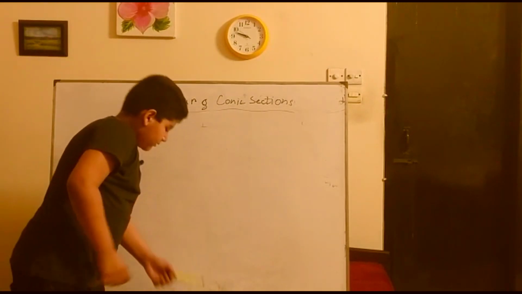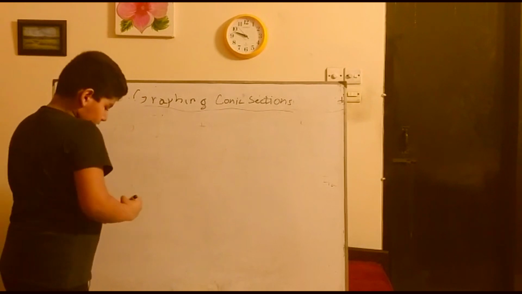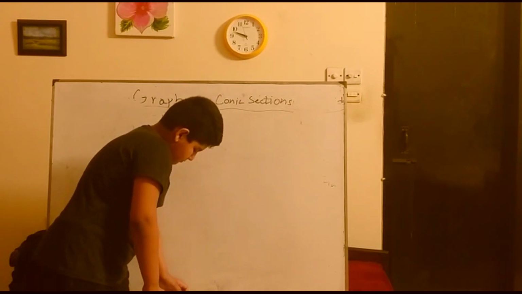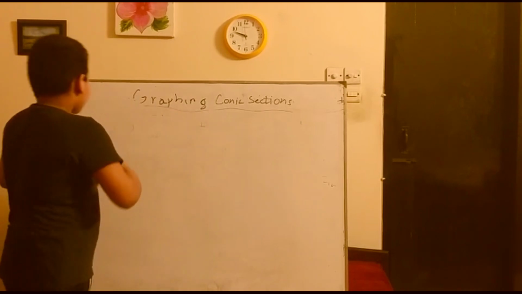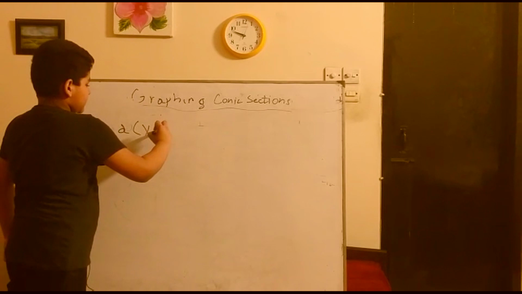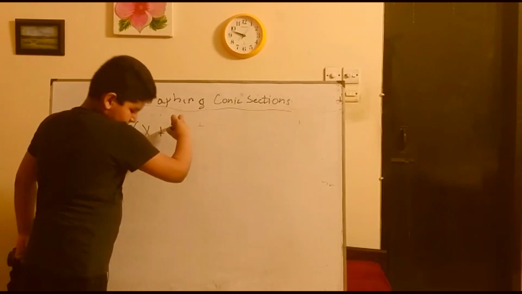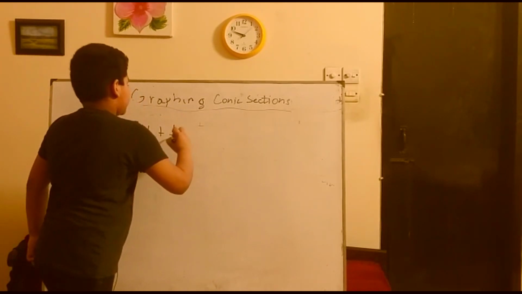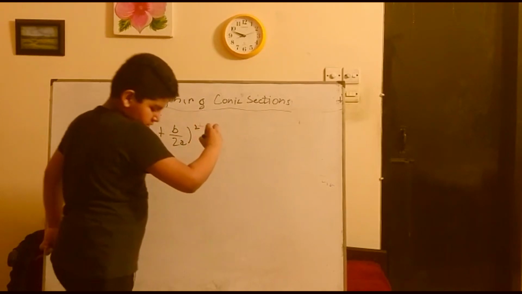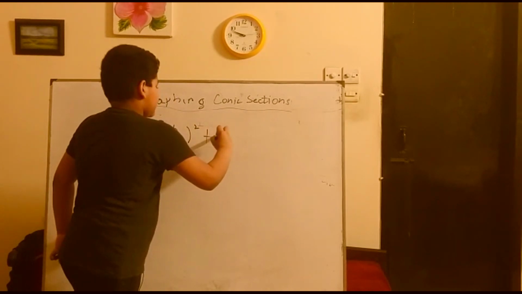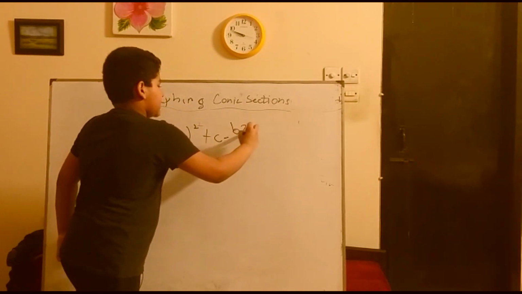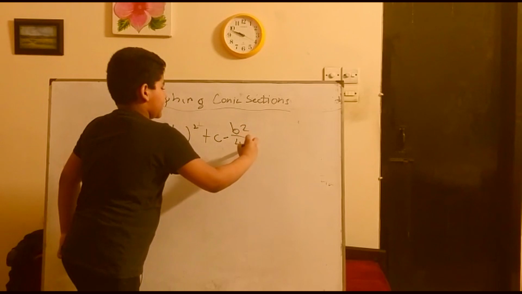So by completing the square, we get a times the group x plus b over 2a quantity squared plus c minus b squared over 4a squared.